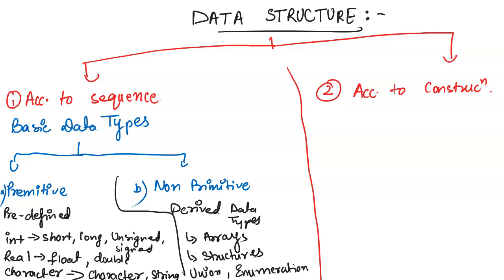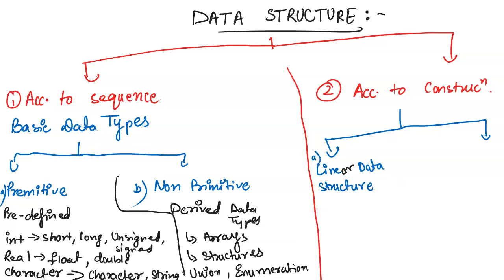According to construction, it is also divided into two types. The first type is the linear data structure, and the second type is the non-linear data structure.